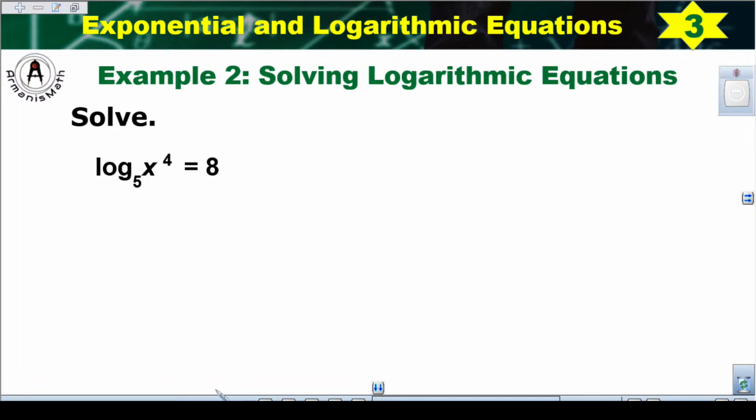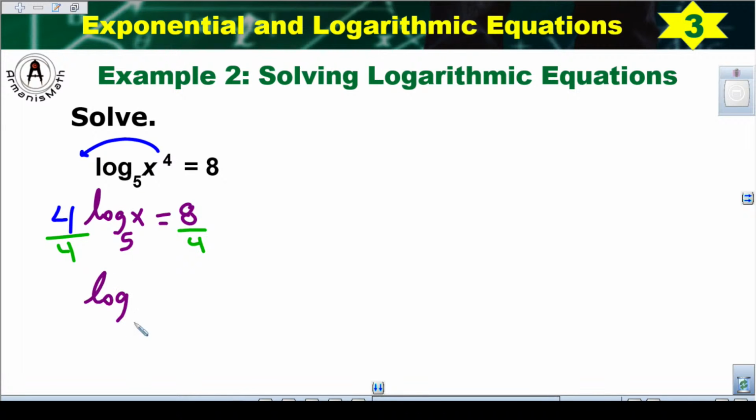I'm going to kick the 4 outside the log, so that becomes 4 times log base 5 of x equals 8. Well, this is something times the log, so I'm able to divide both sides by that 4, which will give you log base 5 of x equals 2.